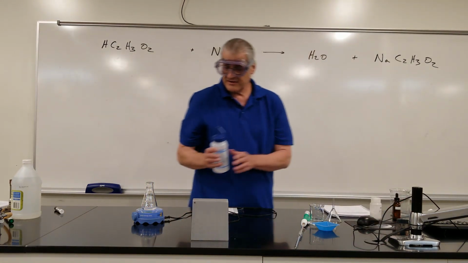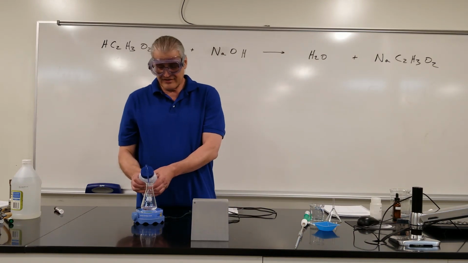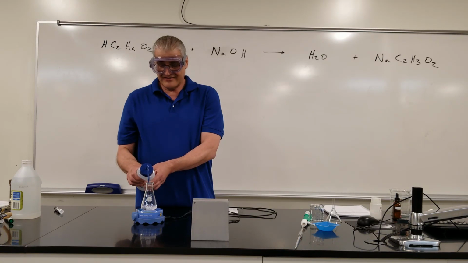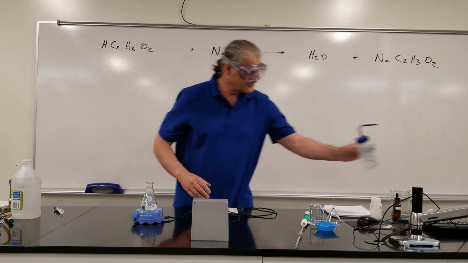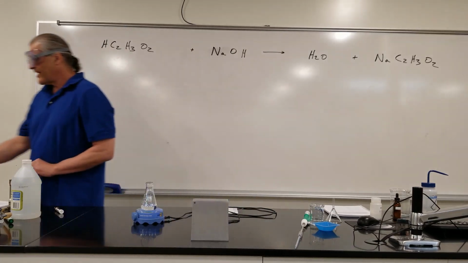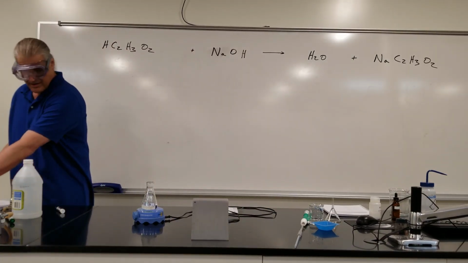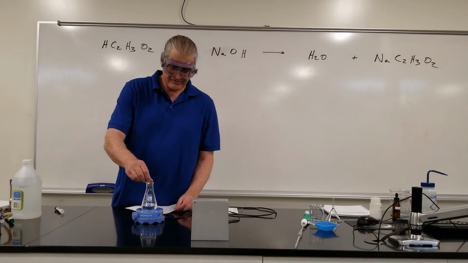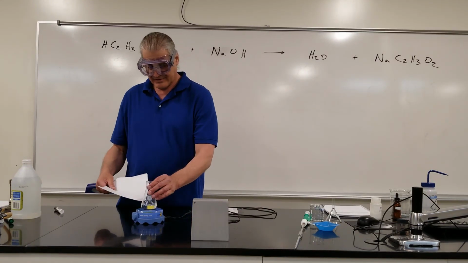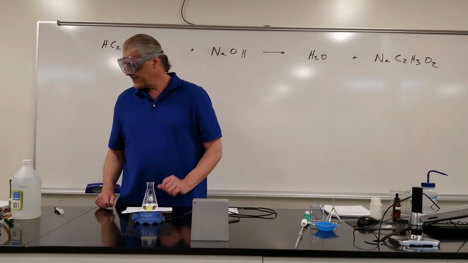Helps to add a little bit of extra water so that it stirs nicely. Again, the water does not affect the total amount of acid that's in there, so that's not a huge issue. We add the stir bar. Put a little piece of white paper under there.